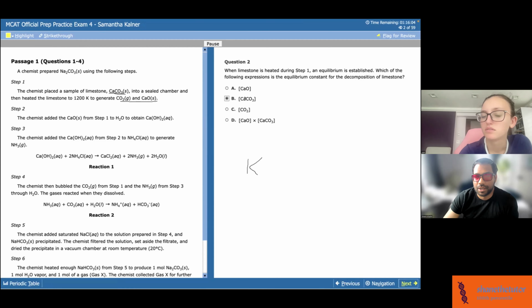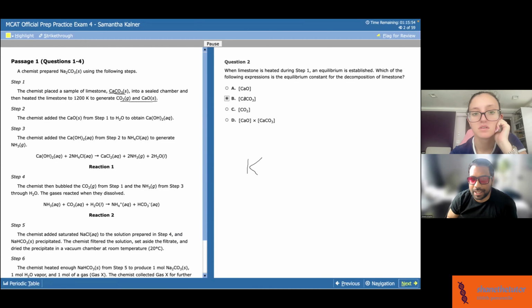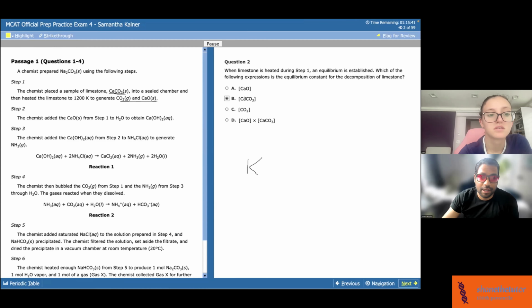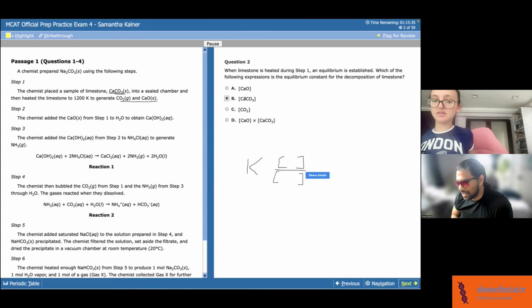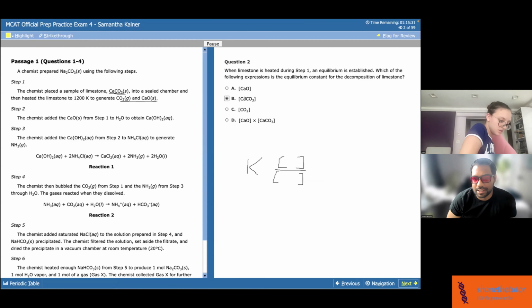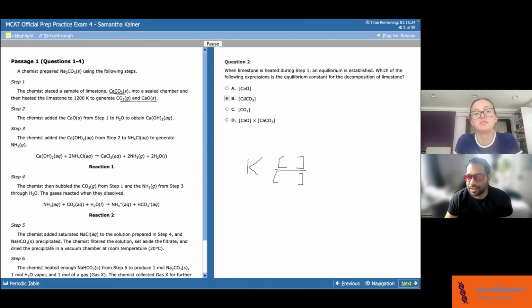What they mean is that pure substances would be solids and liquids. So then the gas counts. And isn't aqueous also excluded? Since the law of mass action relates the concentrations of these things, if we have a pure substance, the concentration would have to be 100%, right? So those don't really play a role here, and it'll have to be the CO2 concentration.